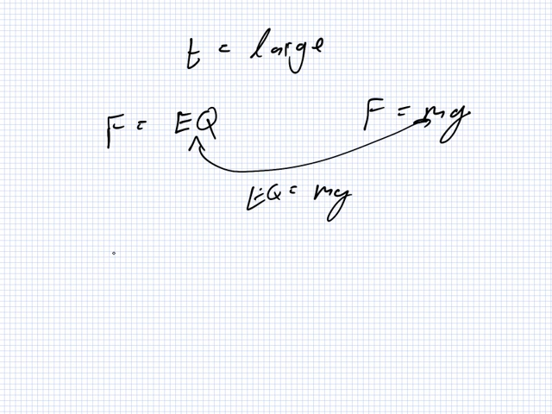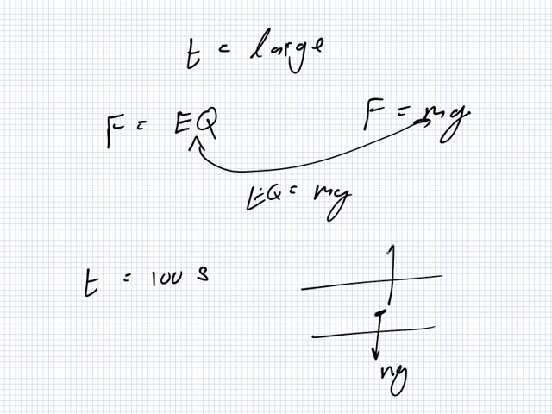Because if the time was really, really big, imagine the time was 100 seconds, then the downward weight here, mg, would nearly be equal to the upward force here, EQ. And the bigger I make the time, the closer they must be to equal. And in fact, if the time was infinite, what would have happened? They're the same and it's not moving anymore. You know?